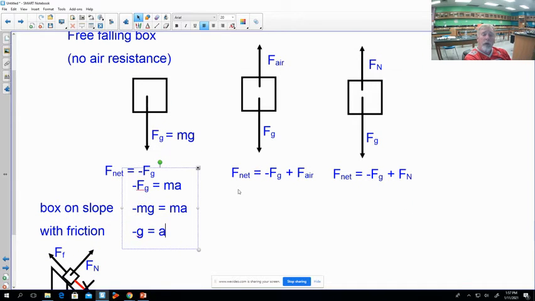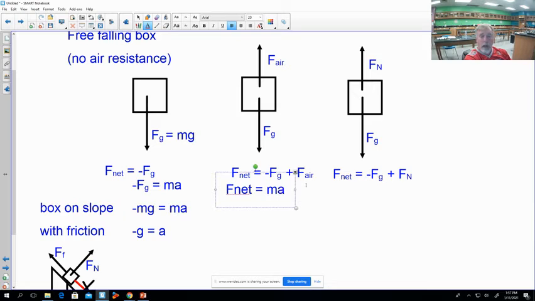Let's use Newton's second law on the middle one. Well, we know Fg minus F air. We also know from Newton's second law F net equals ma. So we can plug in for both sides here. What do we get?